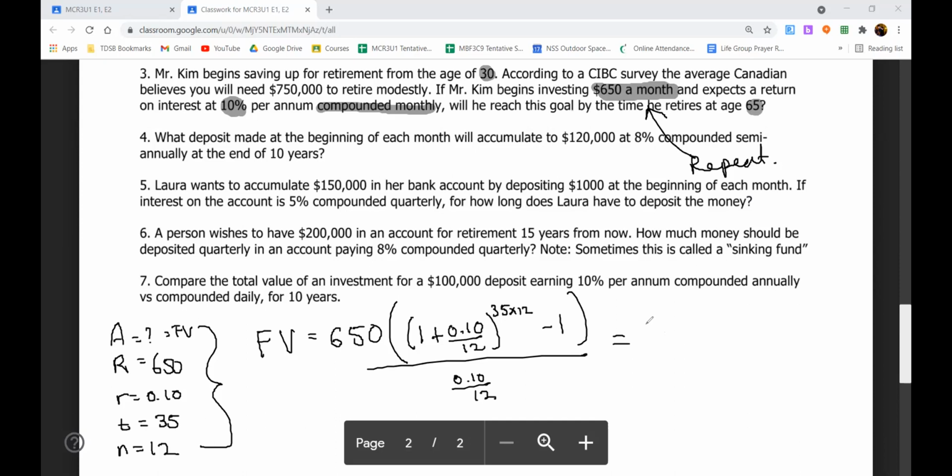I'm going to write the answer down, but keep going if you've already started. Just make sure you aren't making any mistakes with the calculator. Now is a good time to confirm that you are doing the operations in the correct order. This is how much I would end up with at 35 years, assuming I get 10%, 650 a month.